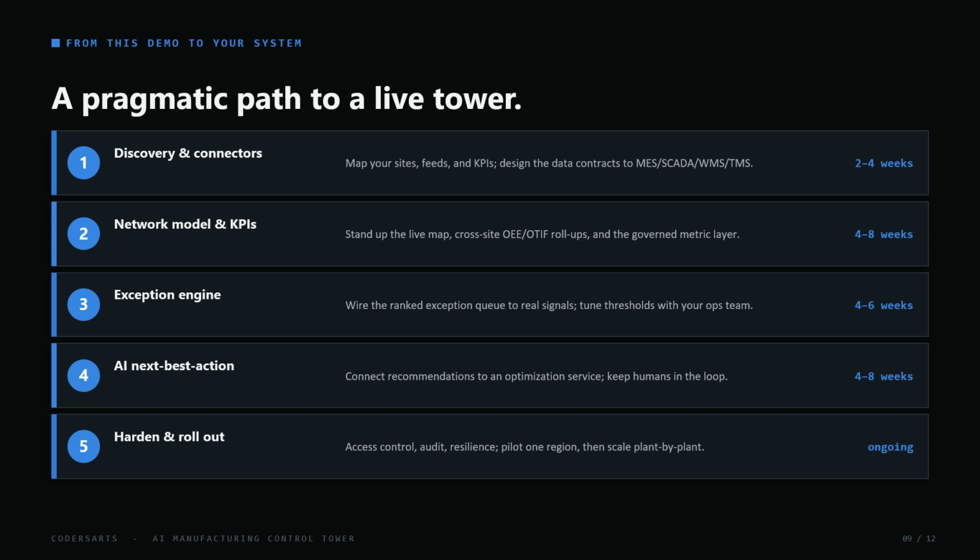Next, the AI next best action, connected to an optimization service, always with human in the loop. And then we harden it and roll out a pilot in one region, prove it, and then scale plant by plant. You are not betting the whole network on day one, you are proving it on one and then expanding it.